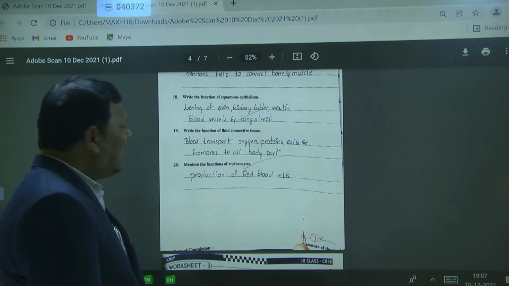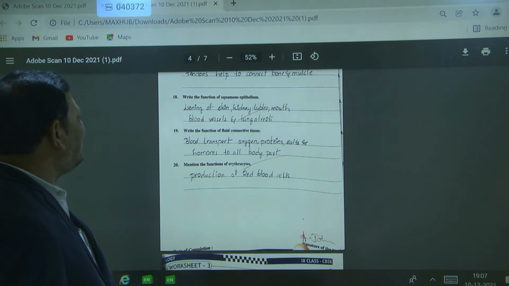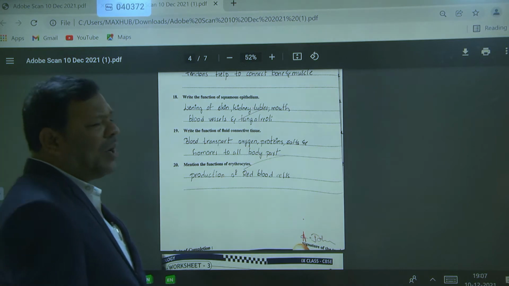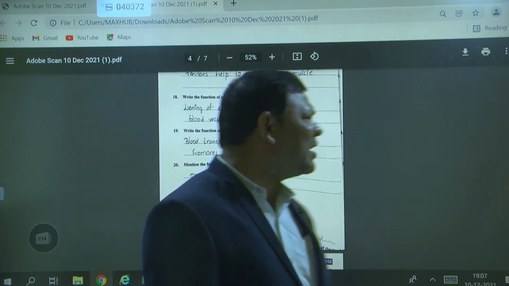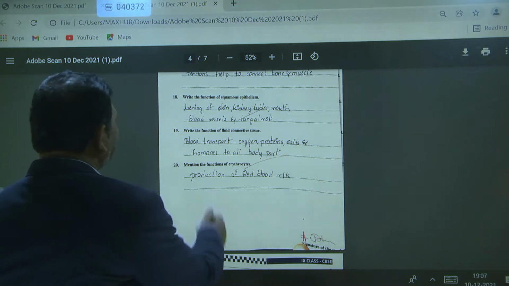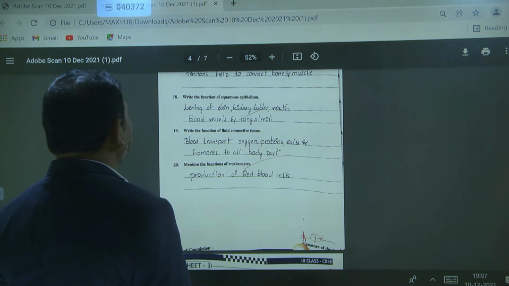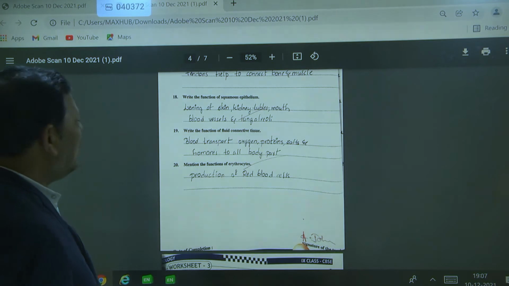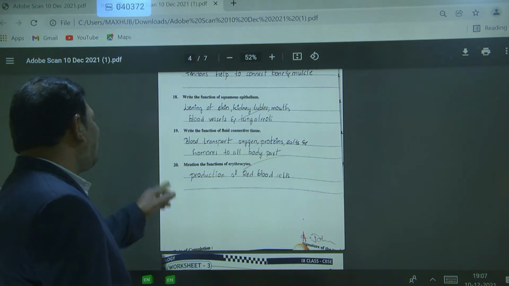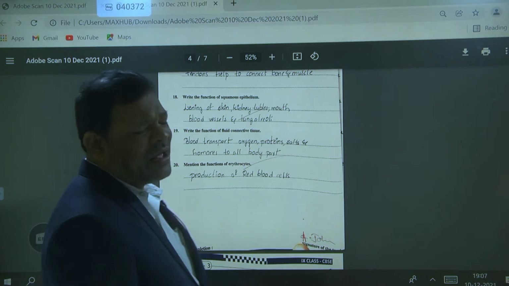Next, write the functions of the fluid connective tissue. Blood and lymph are known as fluid connective tissue. Blood transports oxygen, proteins, salts and hormones to all the body parts. That's why blood is called fluid connective tissue. Mention the functions of the erythrocyte.